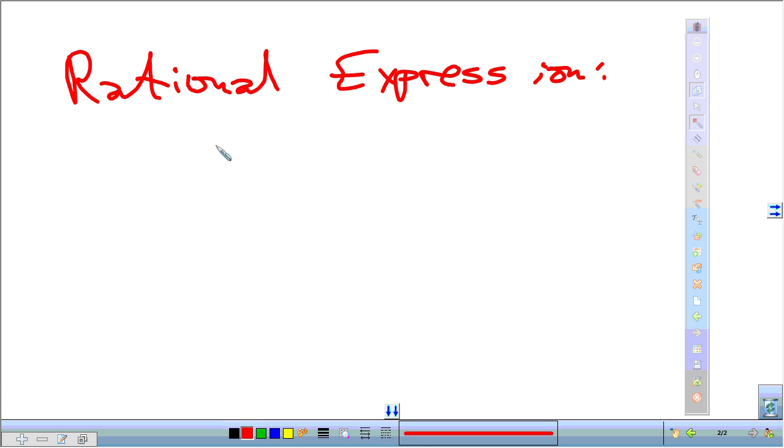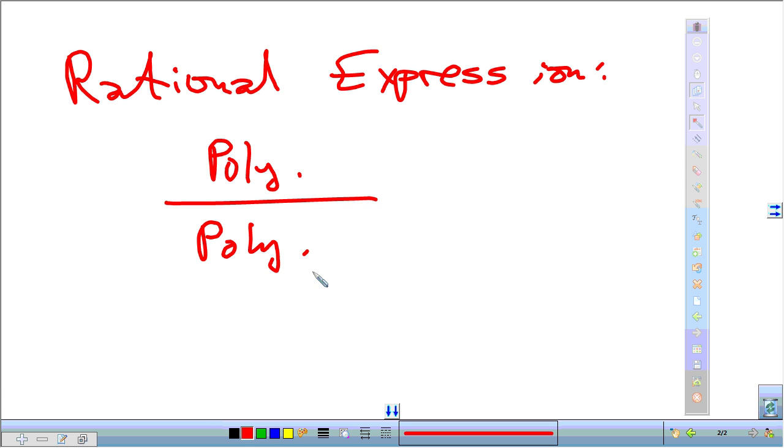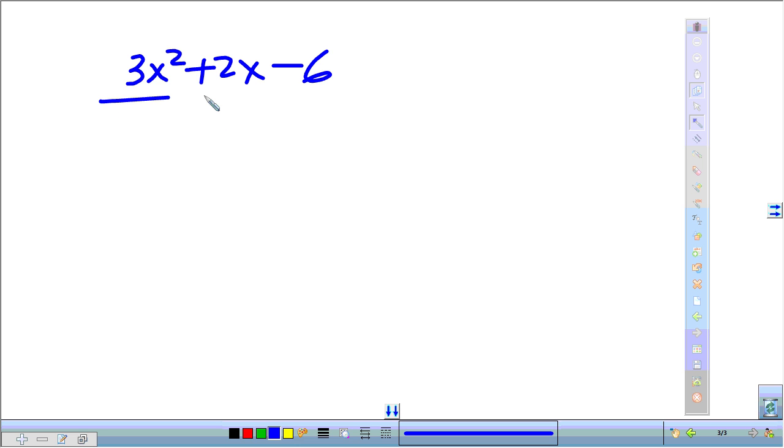So a rational expression is an expression made up of a polynomial divided by a polynomial. An example of such a creature would be something like 3x squared plus 2x minus 6 divided by x squared plus 6x plus 8.